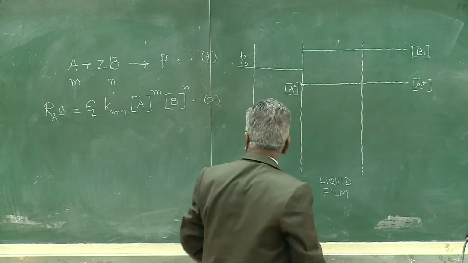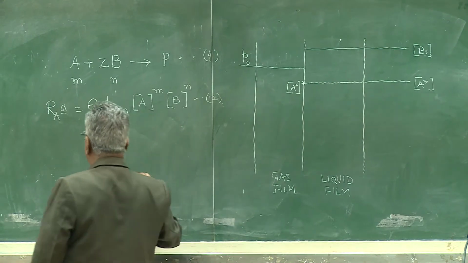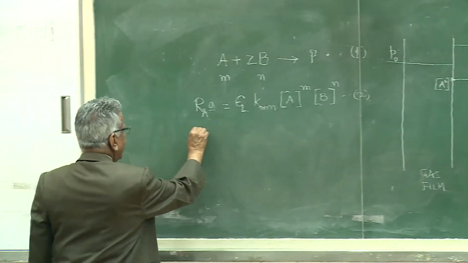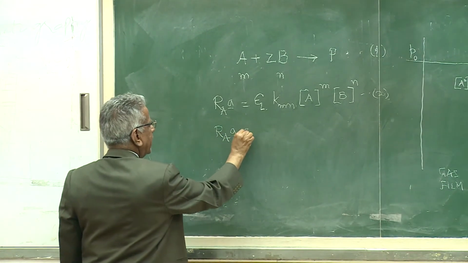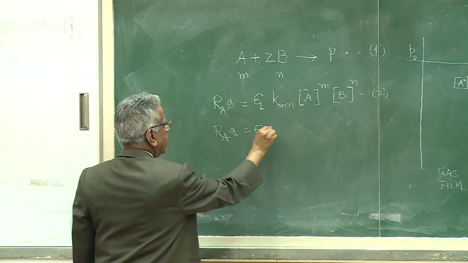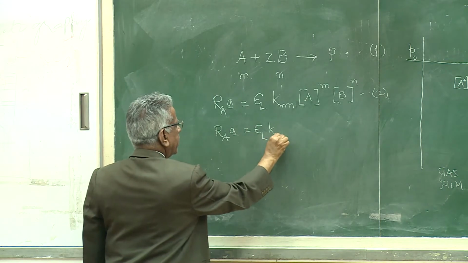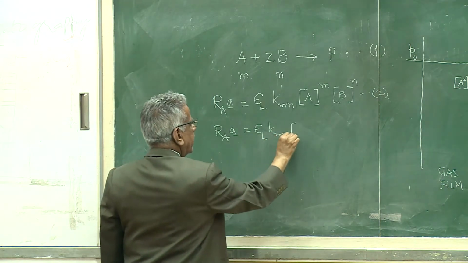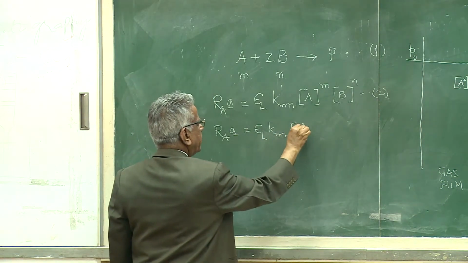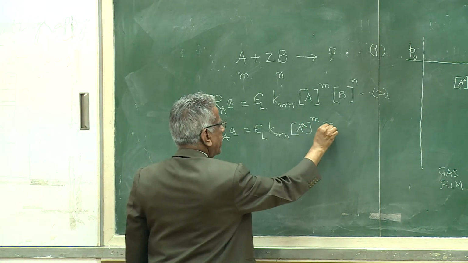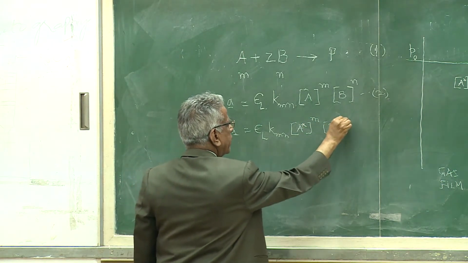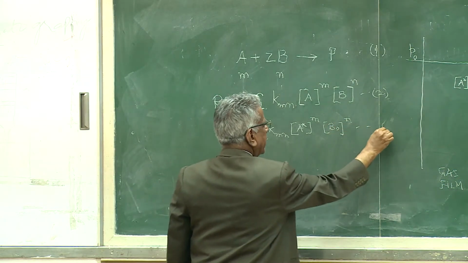With these notations, I will rewrite the same equation with a small change: epsilon L K M N A star raised to M, B naught raised to N, equation 3.